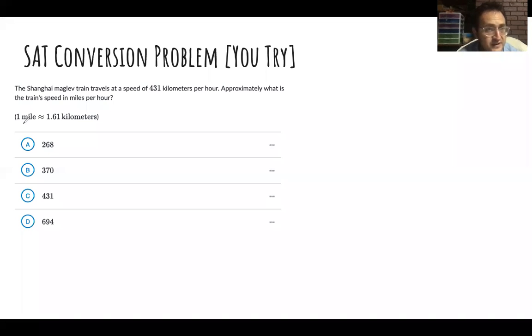We can make the assumption that 1 mile per hour would be 1.61 kilometers per hour. So I would even do that. So I would write 1 mile per hour is 1.61 kilometers per hour.